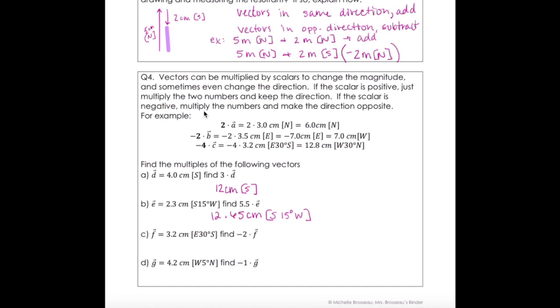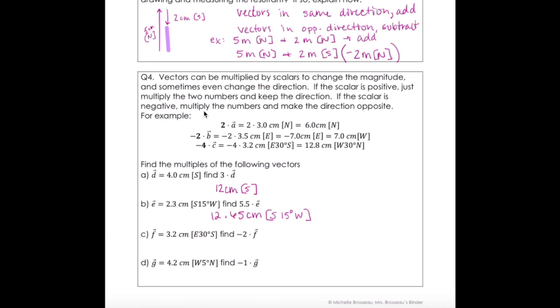Okay, for part C, we have 3.2 centimeters, east 30 degrees south. Find -2 times vector F. First let's do the numbers. So we have -2 times 3.2, and we'll get -6.4, but I'm going to go ahead and change the direction.